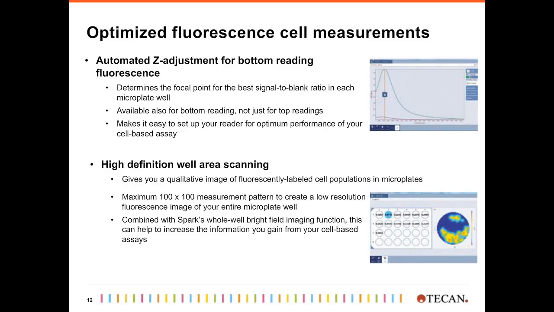This is a feature that allows us to create a low-resolution fluorescence image of the entire microplate well with a 100 by 100 measurement pattern. But here, we don't use a camera system. We use our normal fluorescence bottom readout. So honestly, this takes some time and is, of course, just a low-resolution image of your cells inside the well, but still can give you an idea what is happening.